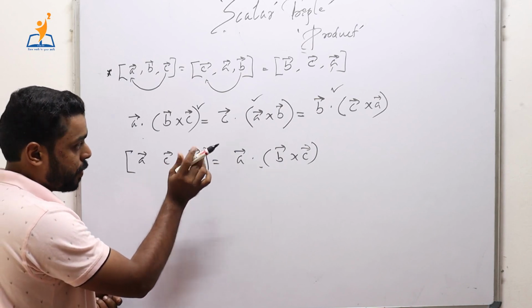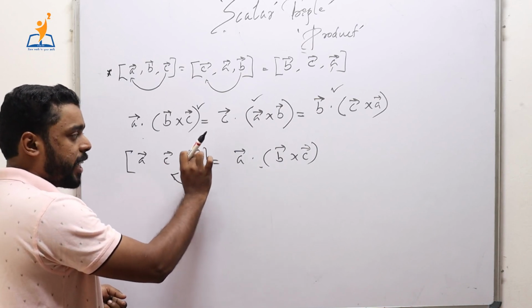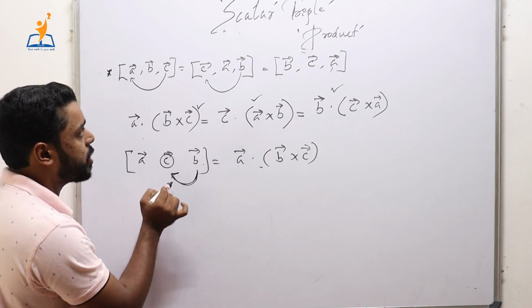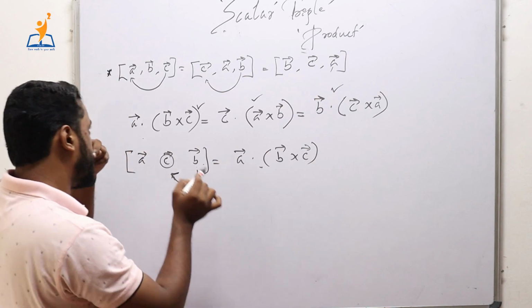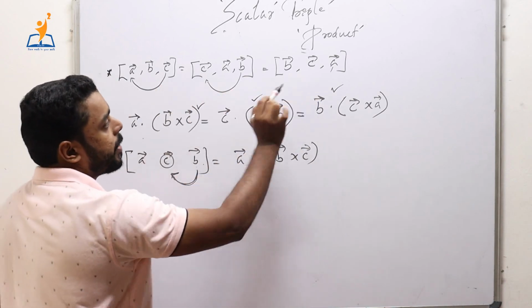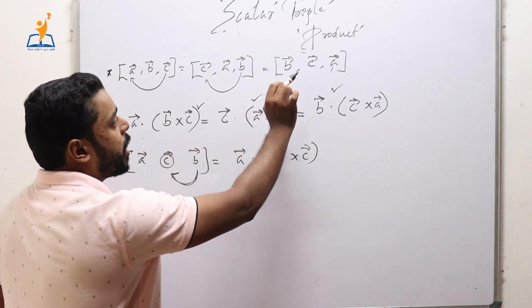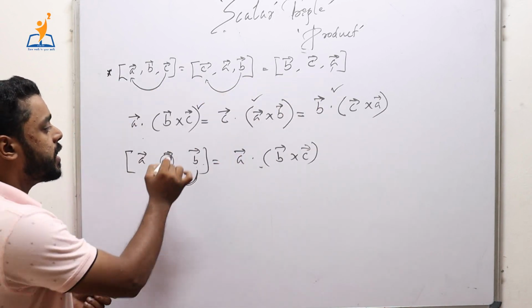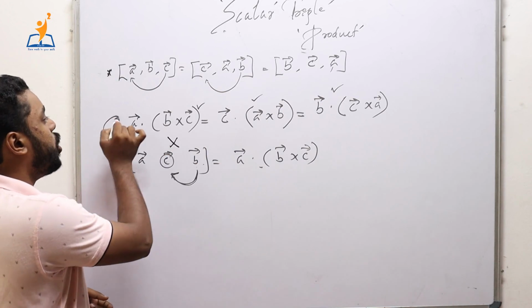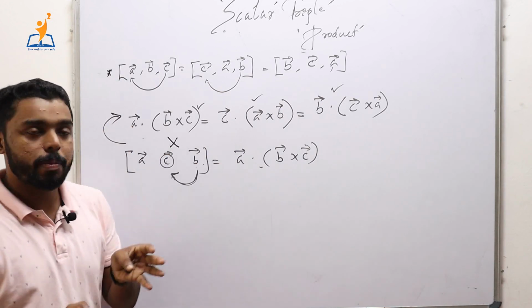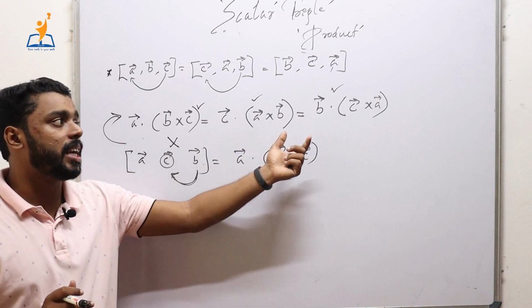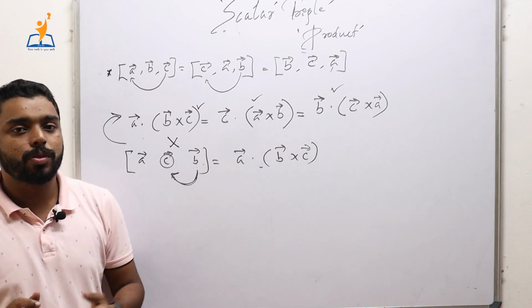C, which was in the first position, came to the second position, which is not a cyclic transformation. According to this, the only possible three cyclic transformations in the box product that are equal are these three positions. So this is not equal to any of these three products. So always remember these things. This is a very important property in dealing with problems. Now we shall move to the next one.